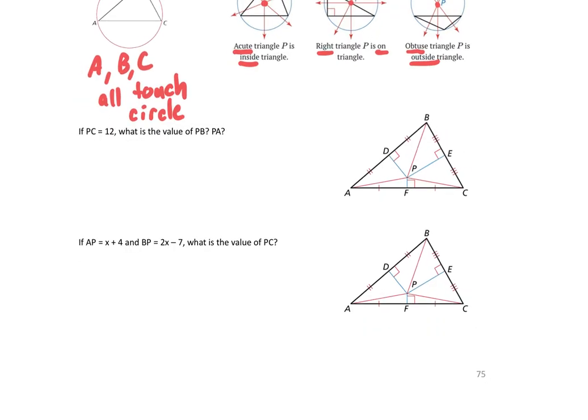Because if I look at this picture down here, it's the same picture, okay? But based on everything that we just talked about, I can say PA is equal to BP is equal to CP.